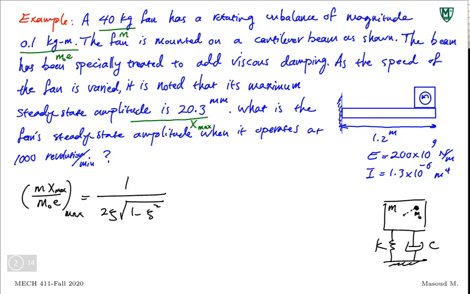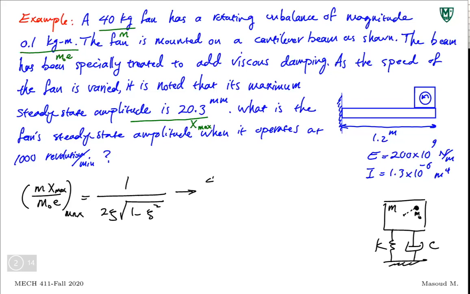For this fraction to be maximum, M is fixed, M naught E is fixed. The only thing that changes is X. Remember, we represented it in this form because we wanted to have a dimensionless number when we were plotting that response. So in this equation, the only unknown is zeta, the damping ratio. We can actually find zeta from there.